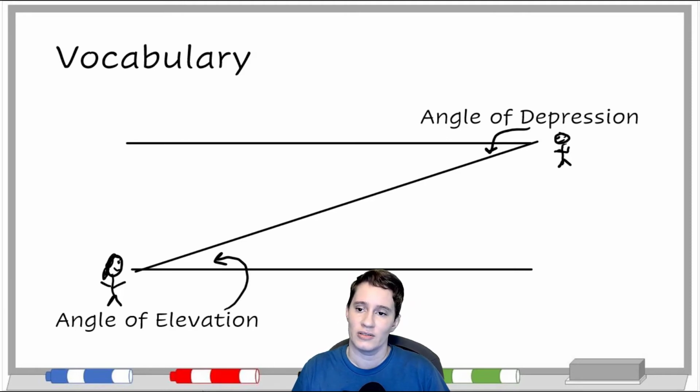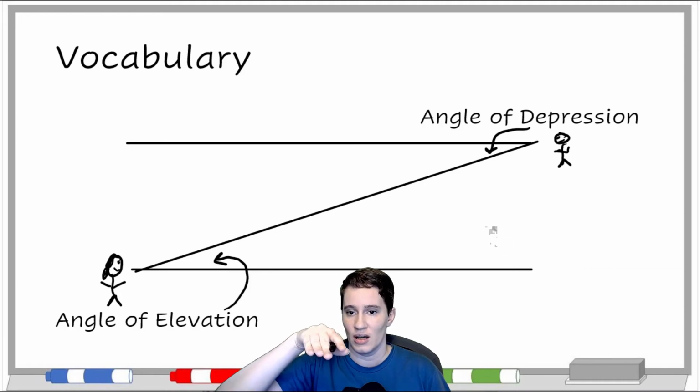An angle of elevation is an angle that someone's telling us about where, from where you're at, you're looking up. That gives you your angle of elevation. Whereas the angle of depression that you might give somebody is if you are looking down, what's that angle? It's a comparison to the idea of looking straight forward.